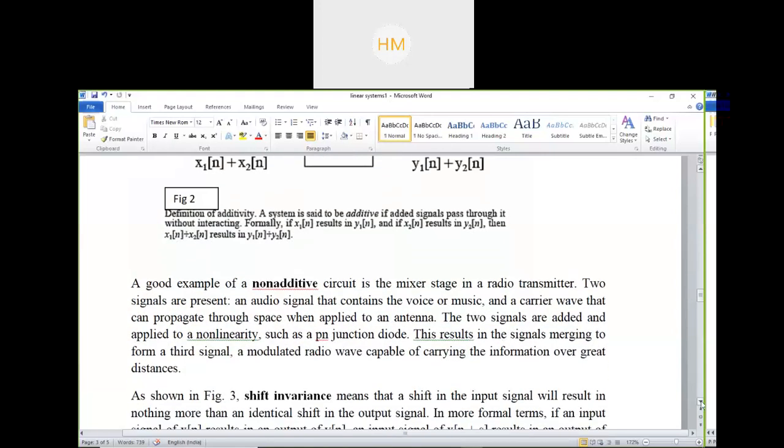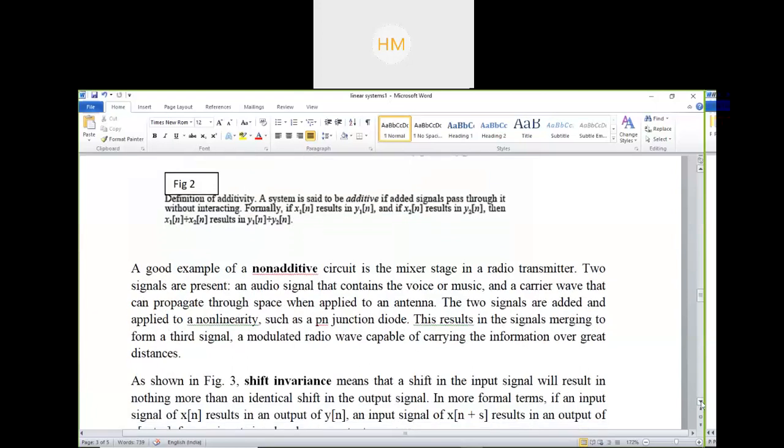Now there are many examples of non-additive systems. Take the mixer stage in a radio transmitter. Two signals are present: an audio signal that contains the voice or music, and a carrier wave that can propagate through space when applied to an antenna. The two signals are added and applied to a non-linearity such as a p-n junction diode. This results in the signals merging to form a third signal, a modulated radio wave capable of carrying the information over great distances.